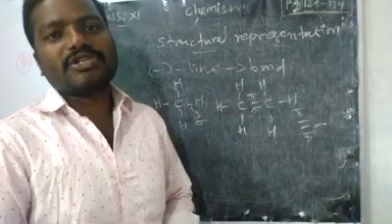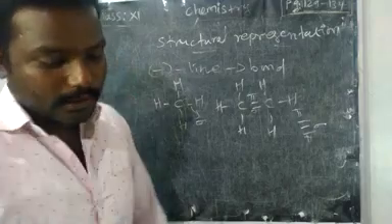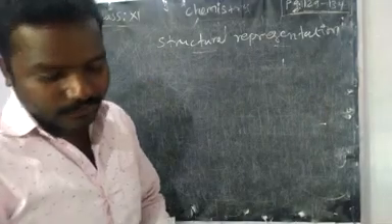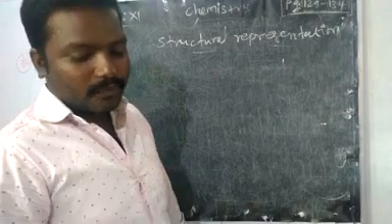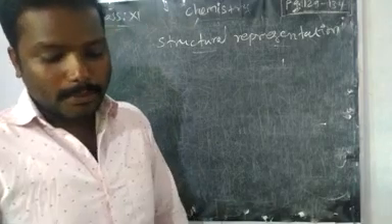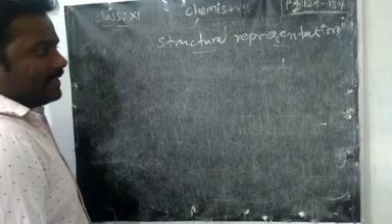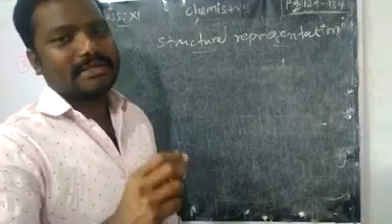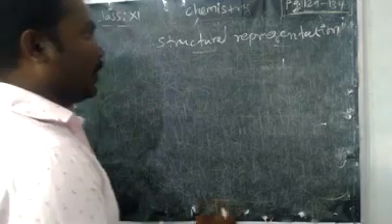If you write the structure like that, it is called what? Dash structure or line bond structure. Here, if you see, you can understand all the double bonds and triple bonds. Is there any heteroatom? Even then you can write the dash, that means one bond.